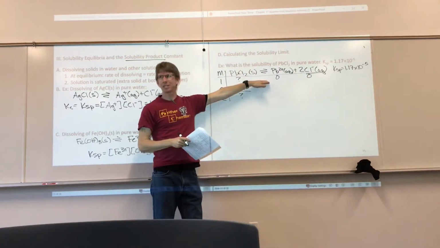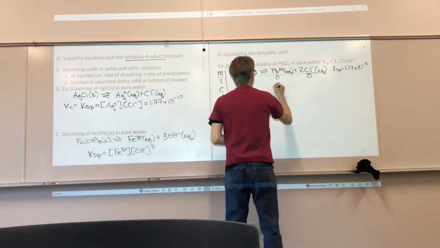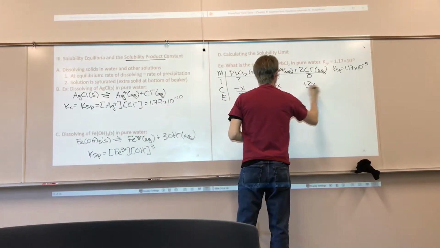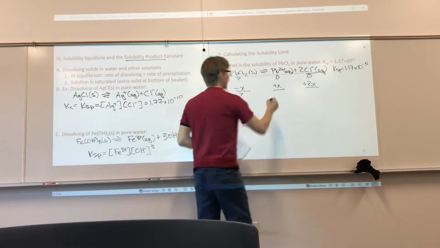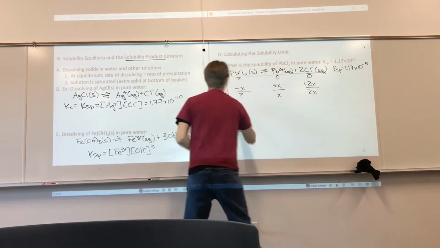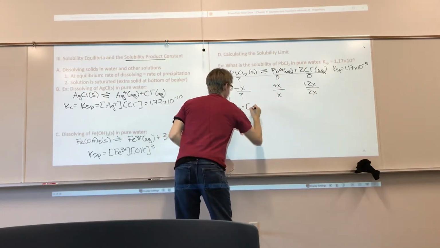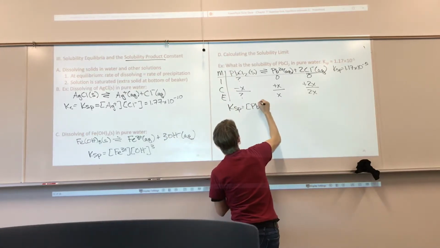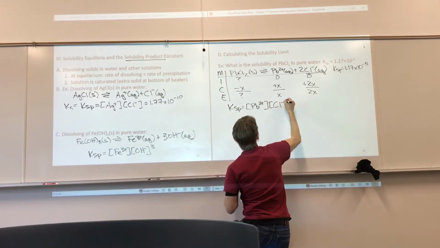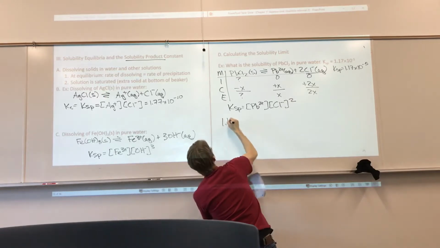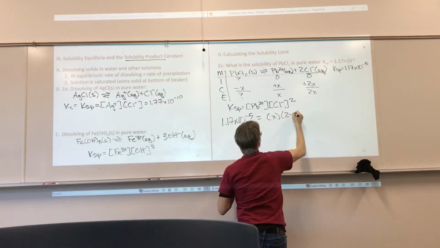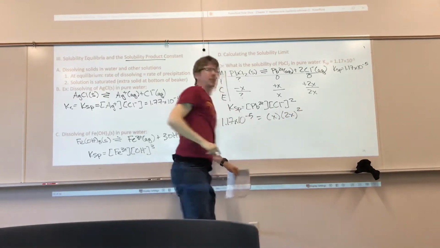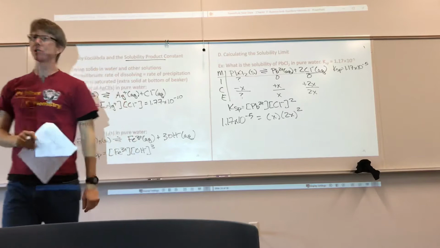We start with 0 dissolved for the ions. We still carry our coefficients into our plus 2x area for our change in concentration. It's very easy to forget one of those 2's.